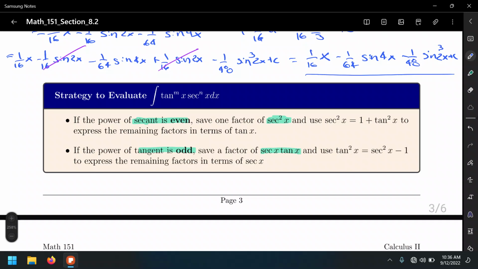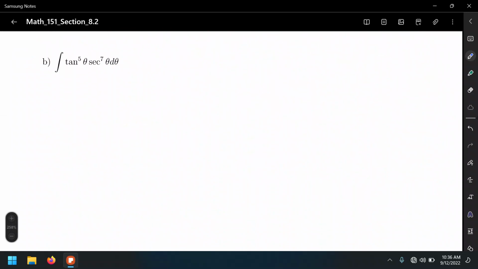We get a factor of secant so we can write everything in terms of secant. When we set u equals secant, the du will be secant tangent, because the derivative of secant is secant tangent.